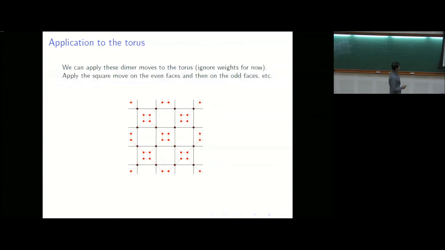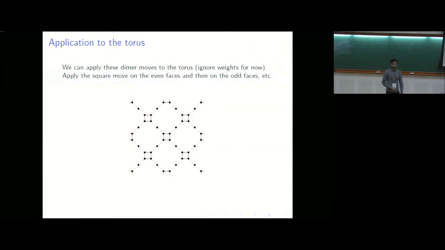Okay? So we just applied our square move on these faces. And if we apply these square moves, we remove these black edges here, right? So let's remove them. So we get that picture there. Okay, so that's from the square move.